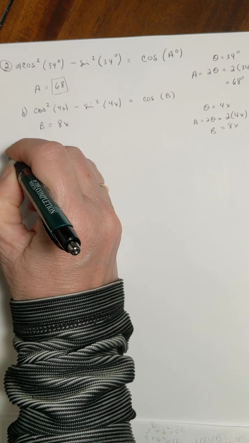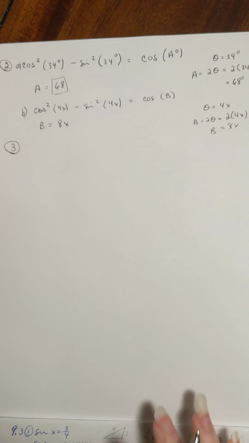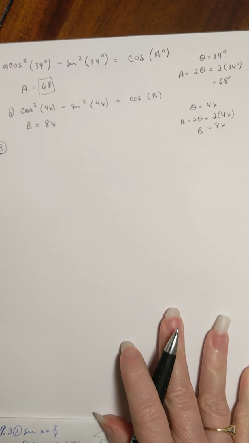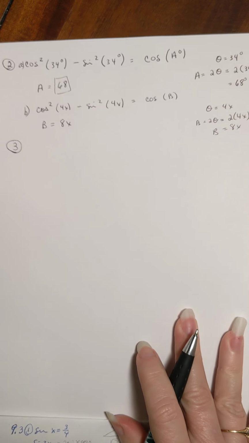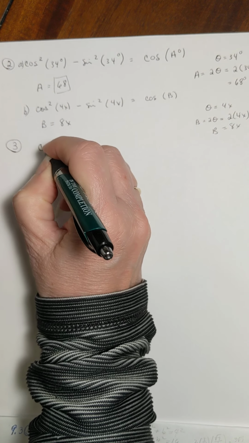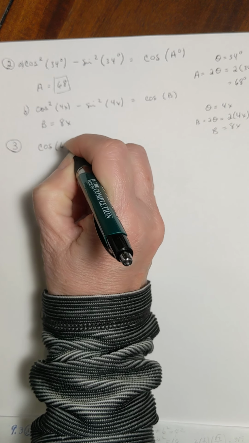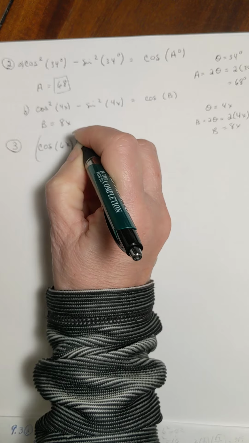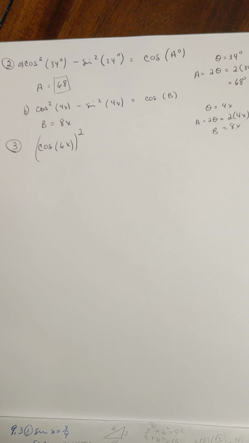Problem number 3 says cosine of 6x and then all squared.